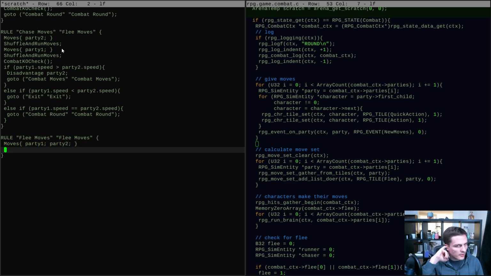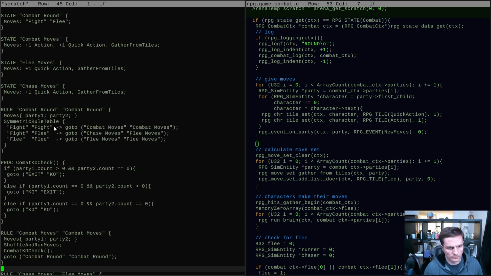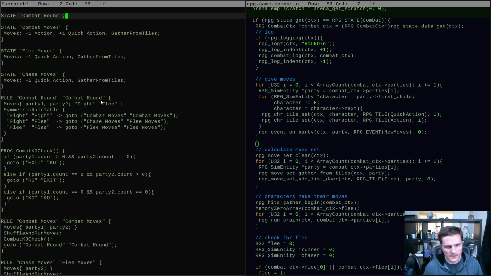We get moves from both parties now. What if I wasn't putting moves over here though? Combat round is a state, and then you can choose fight or flee.